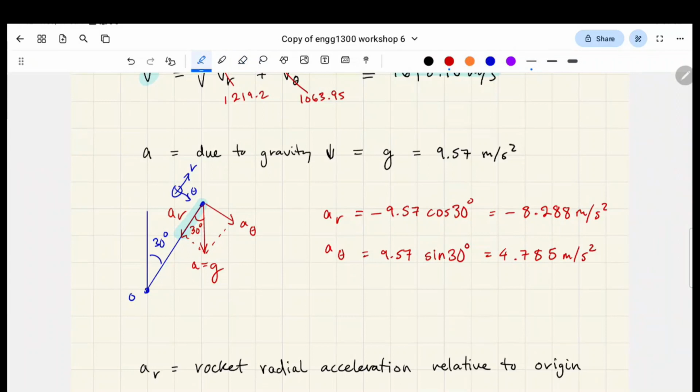Because we were given gravity, which was the magnitude, pretend on an XY plane we have some resultant force, and then the X component and the Y component of it. We were given the diagonal equivalent, and then we split it up into its components.